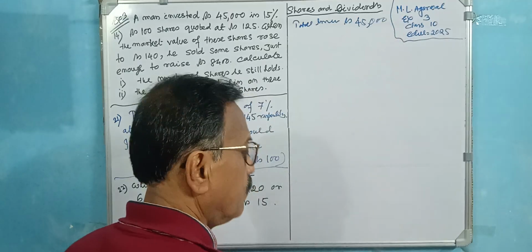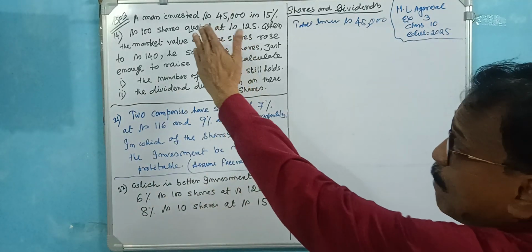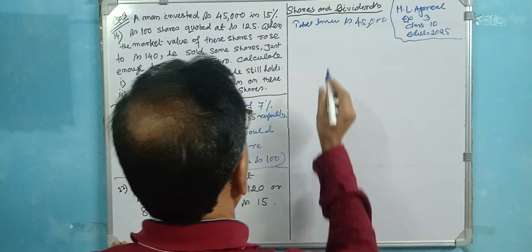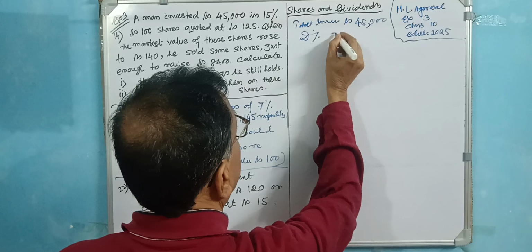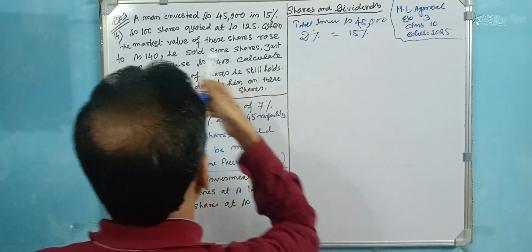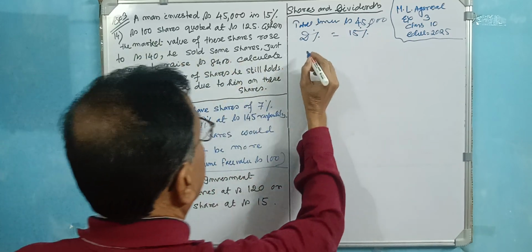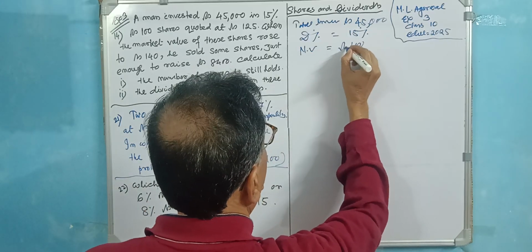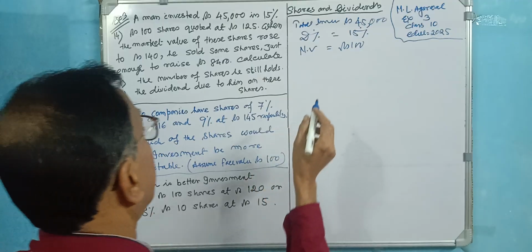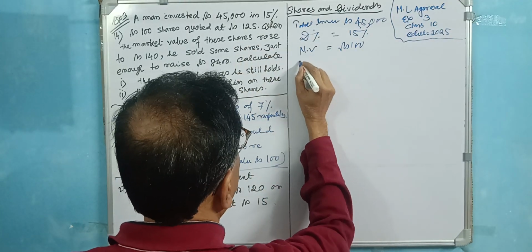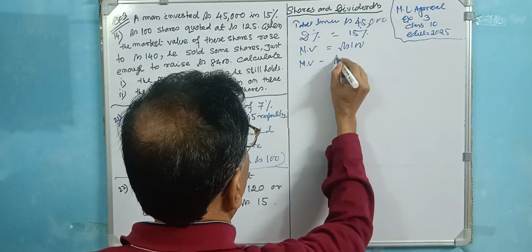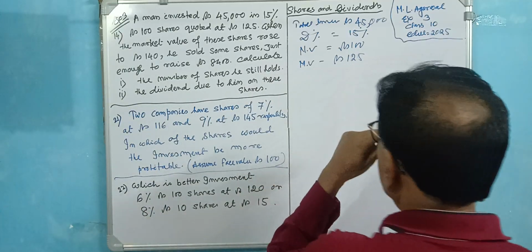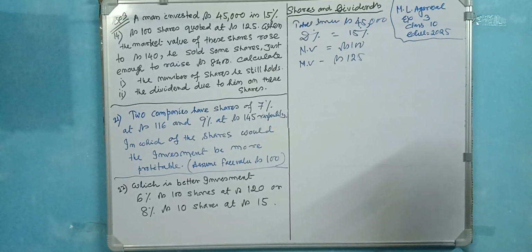The dividend percent is 15%. Rupees 100 is the nominal or face value, which goes to the company's fund. Quoted means the market value is rupees 125, so you bought one share at rupees 125 from the market.